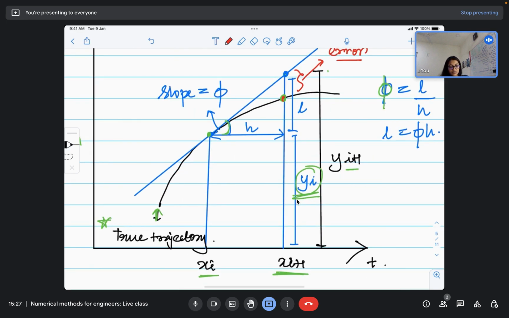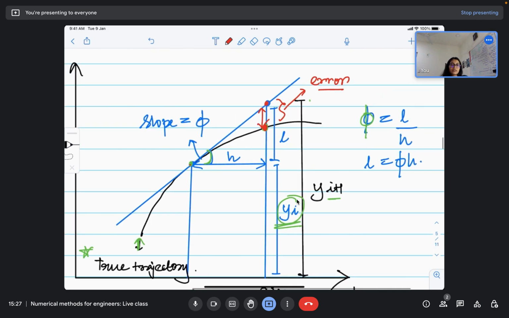But since we are estimating with the help of the value of yi at xi and the slope at xi, we end up finding out this value of y. So there is basically a difference in these two values, and that is the error that comes about while we are using Euler's explicit technique.